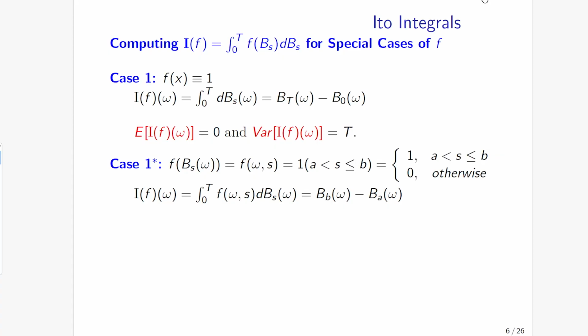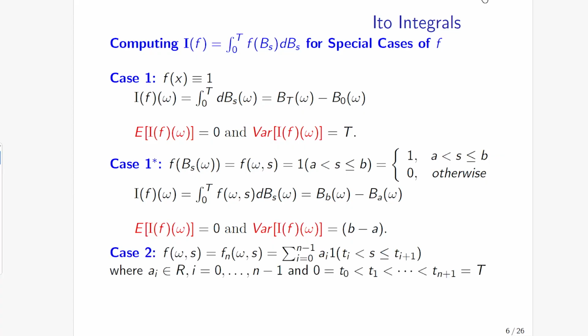Now, from these reasonable definitions, we can consider a second case where our function f is again a function only of time s, but it's given by a step function over time with steps or levels given by the a_i's that are constant.